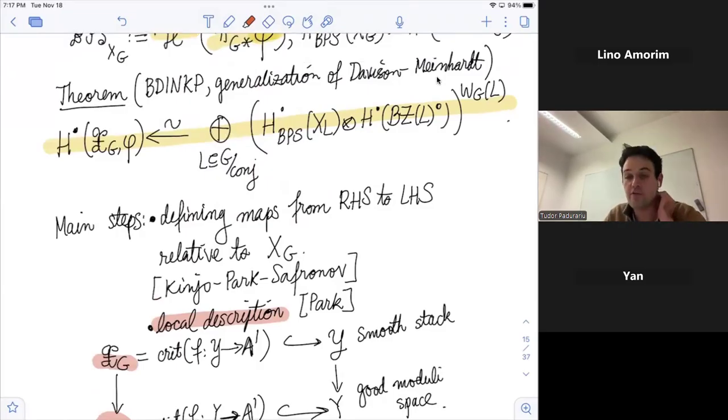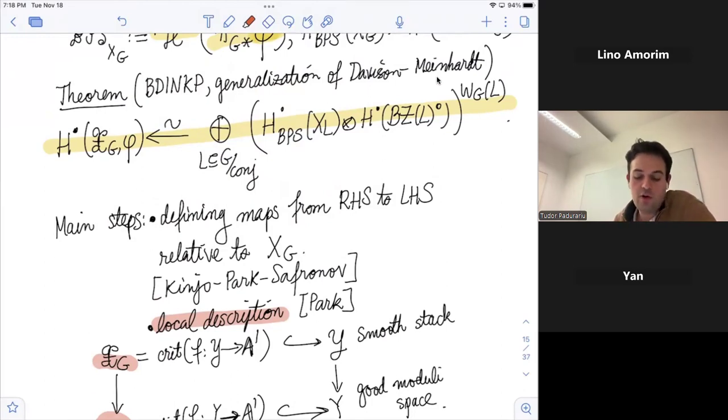But also, importantly, we need to define a map from the right-hand side to the left-hand side. In the smooth stack case, I just wrote it as an example for this L-loop quiver. It has to do with parabolic induction, with going through a stack of extensions.